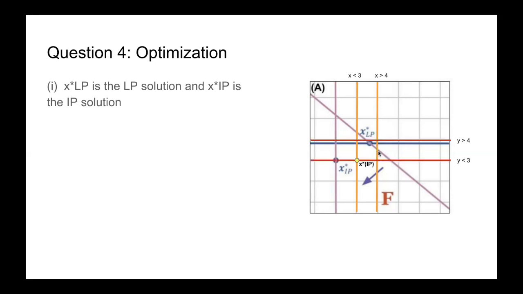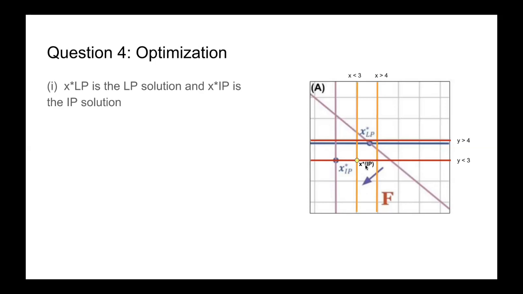Then let's say we ran branch and bound on that yellow dot. We added that solution to the queue and then we popped it off. Then, since the X value is an integer, we had to branch on the Y constraint. If we added 2 different constraints, Y is greater than or equal to 4, and Y is less than or equal to 3, then one of the IP solutions returned would be at this yellow dot, which is X star of IP.